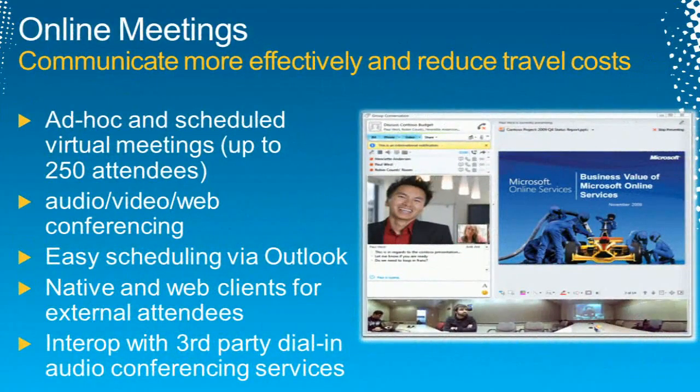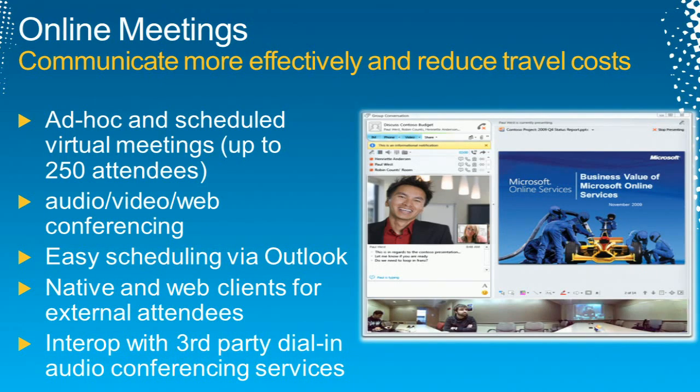Moving on to online meetings. Online meetings extend the IM presence and audio-video point-to-point communications to rich collaboration with various sorts of content. So adding rich content sharing in multiple forms to the communication experience, and also adding support for multi-party sessions.